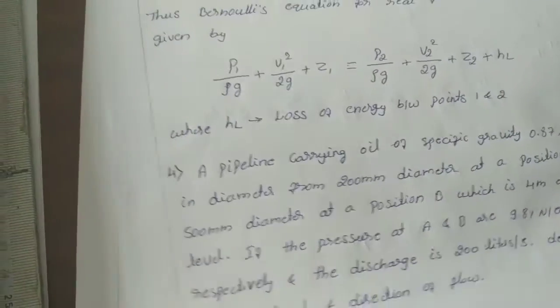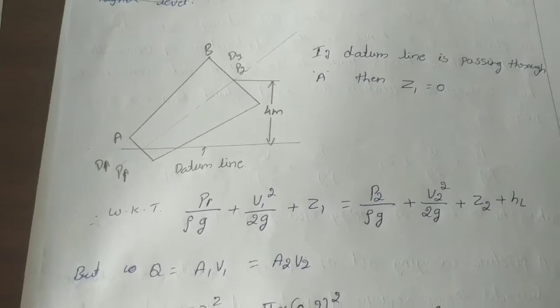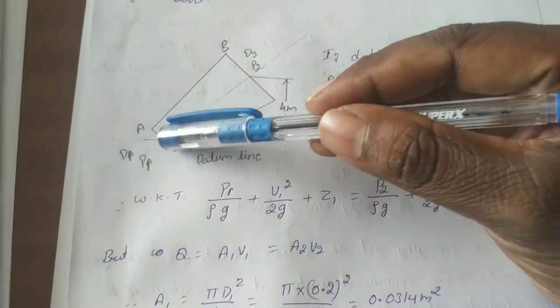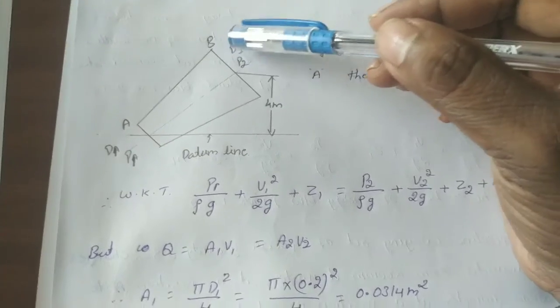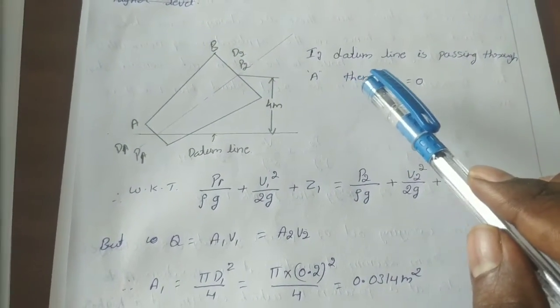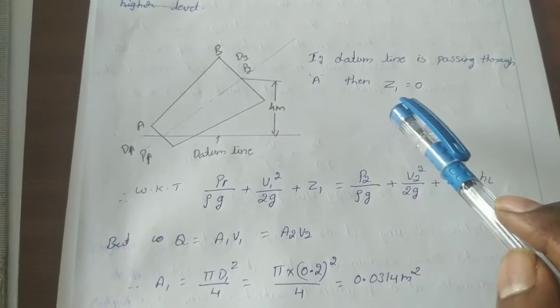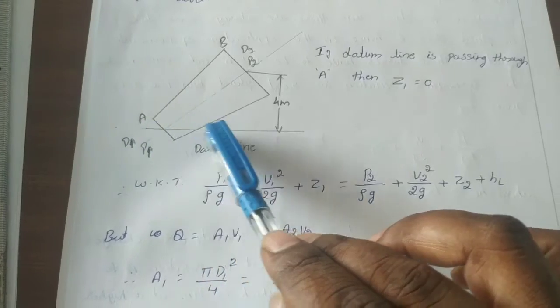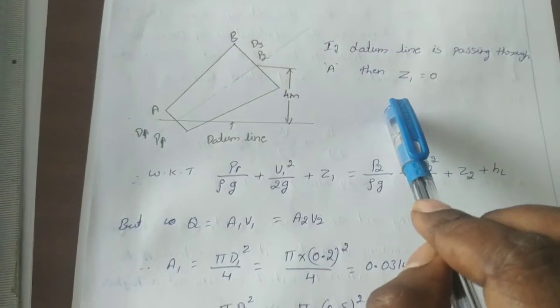According to that, we have to go for the equation. In this problem, section A has a smaller diameter and section B has a larger diameter as per the given data. One more thing, observe that if the datum line is passing through point A, the datum line passes through section A, hence Z1 is 0.